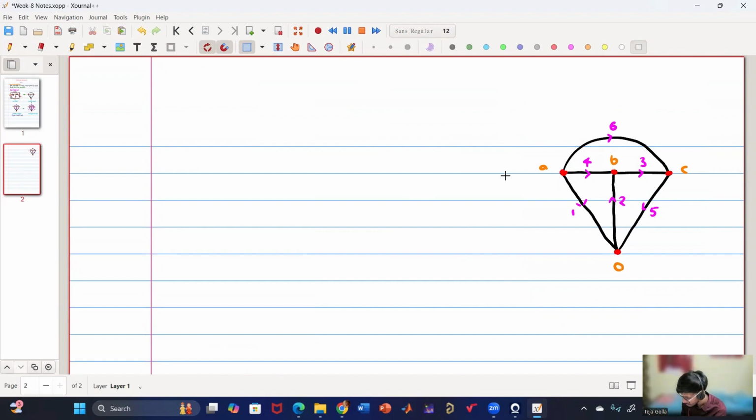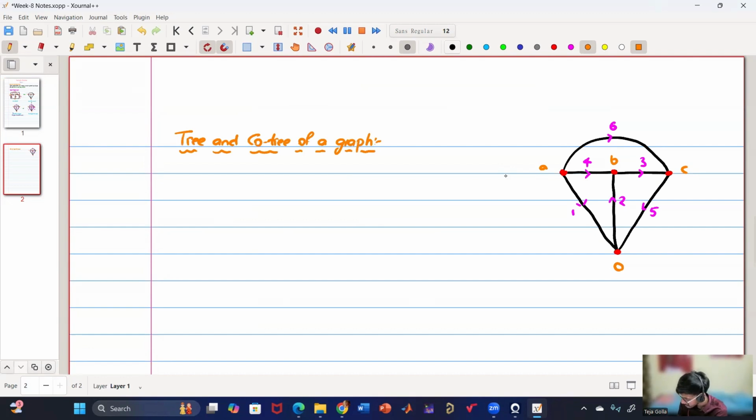So first we'll be learning about the tree and topology of a graph. Before we go any further, first let us define the number of elements.